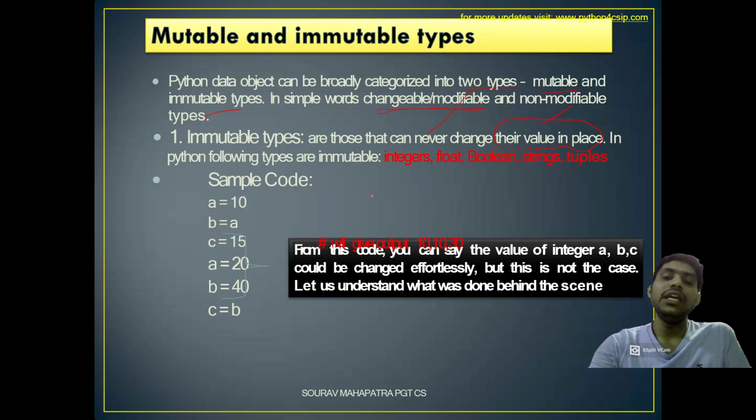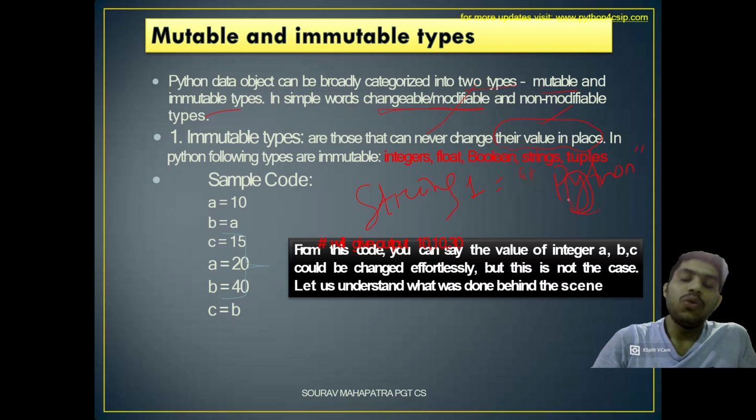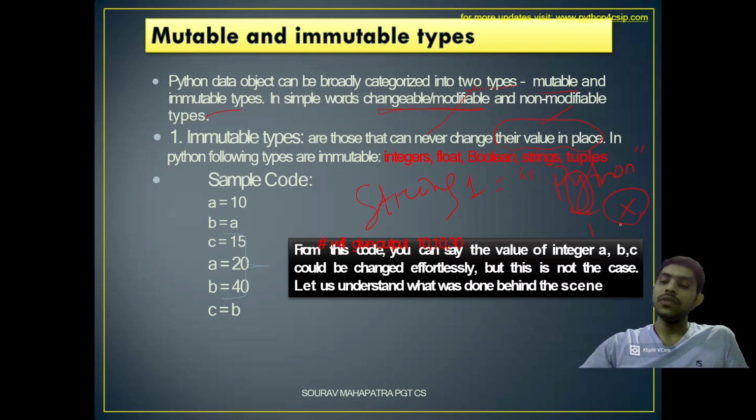Suppose I define here a string, string 1 equal to 5. Now I want to change the y value. Someone told you to change the y value to I. It is not possible here, because a string is an immutable type.